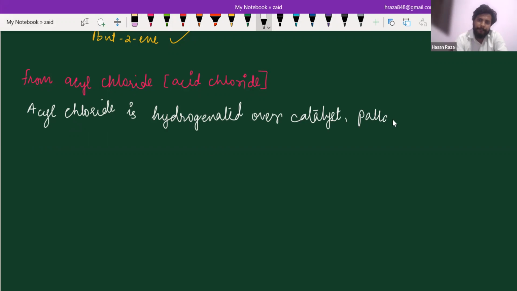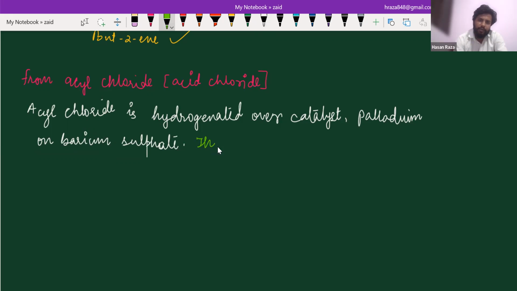palladium on barium sulfate, BaSO4, and you can get an aldehyde.